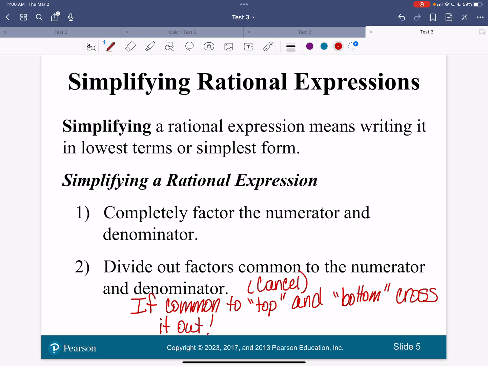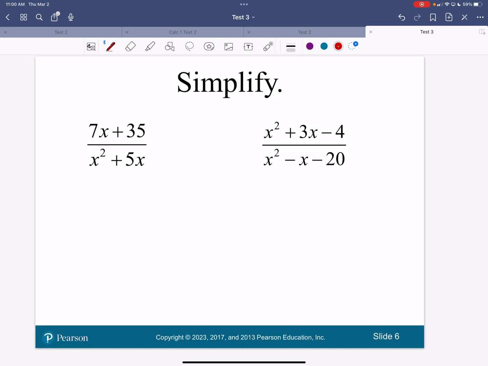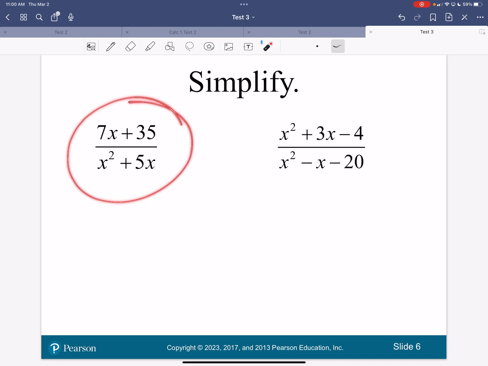Okay, if it's common to the top and the bottom, you cross it out. Okay, we ready to do this? What's the first thing we're going to do in every single problem? Factor. Okay, so right here, I want you to factor this problem. There's a GCF in both of those. So I want you to factor it.